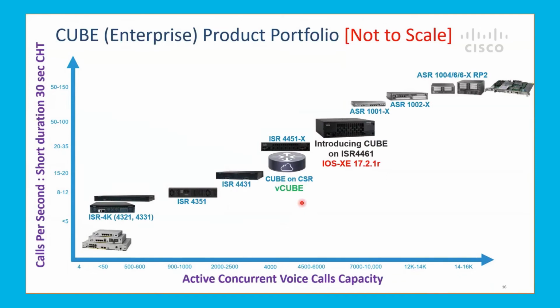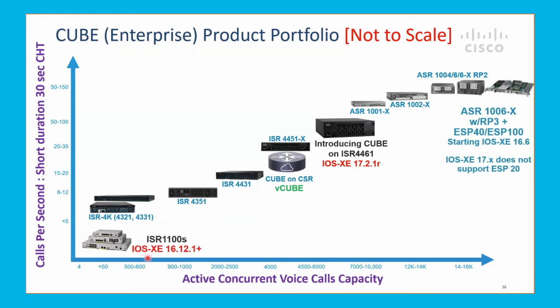What this slide shows is the current Cube Enterprise product portfolio. At the very low end, we start with the ISR 1100 series, then the flagship platform on which Cube is run is the ISR 4000 series, which now also includes support on the ISR 4461 as of iOS XE 17.2.1.